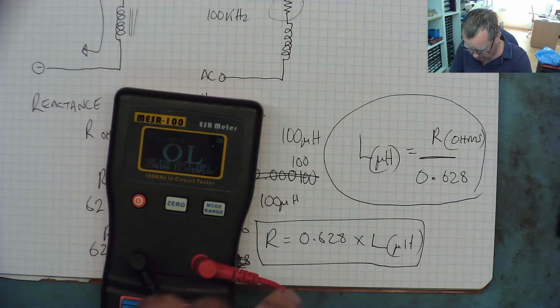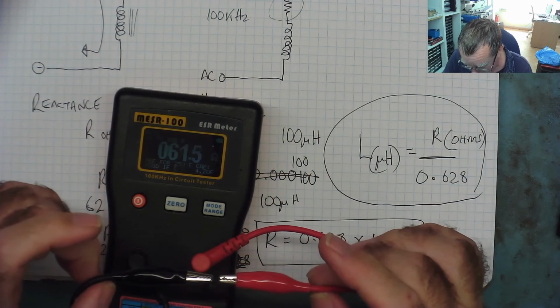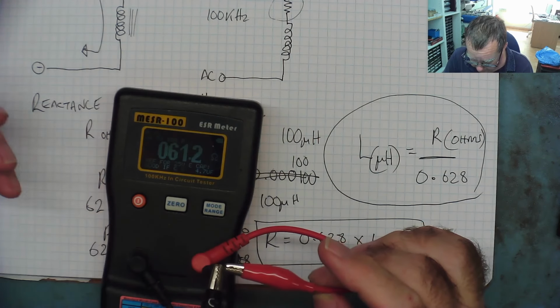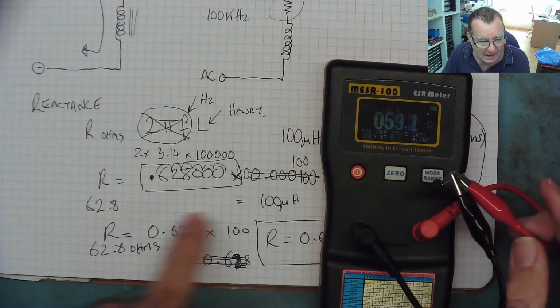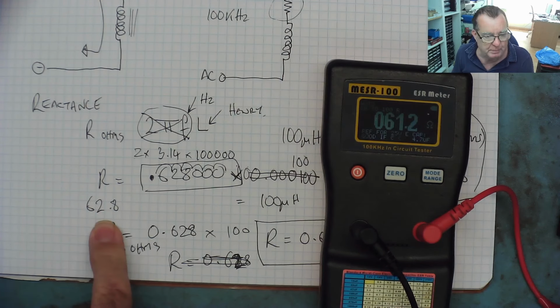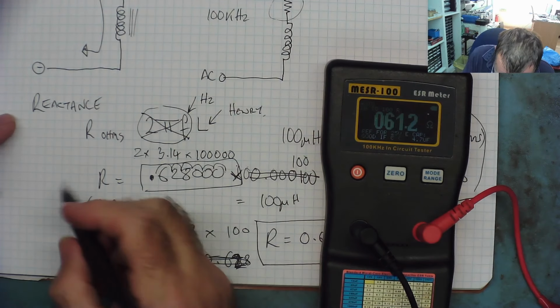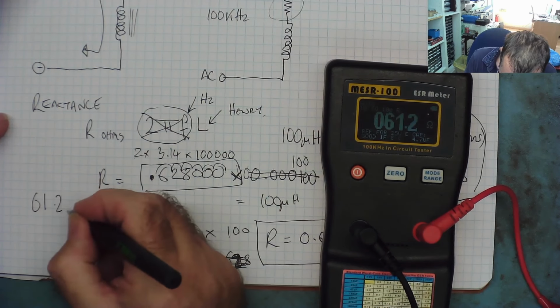We have 61.3. Now we've already worked out 100 microhenry inductor should be 62.8, and we're actually reading 61.2 ohms.